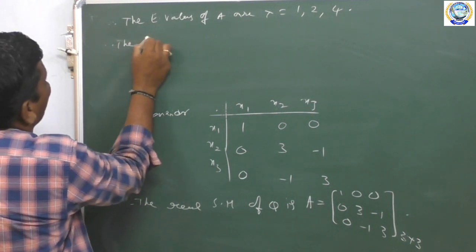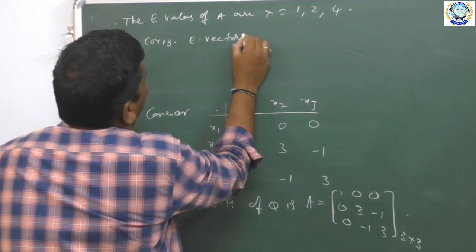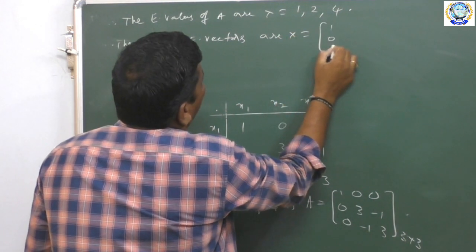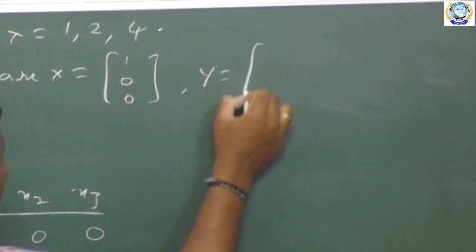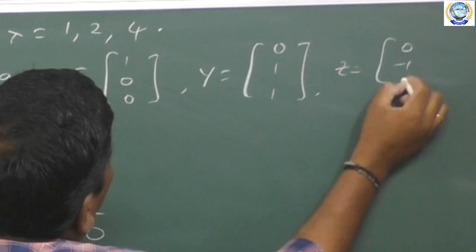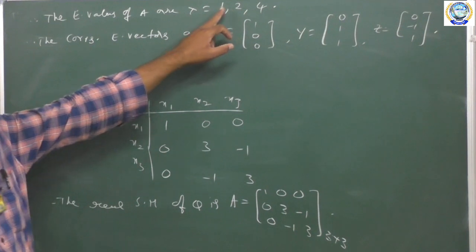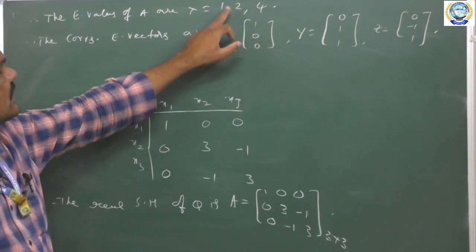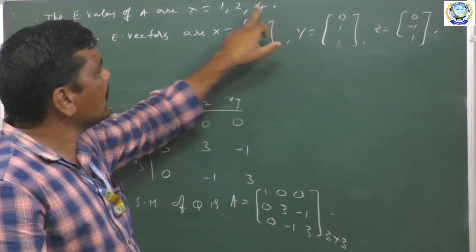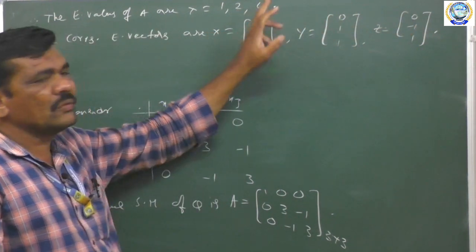Therefore, the corresponding eigenvectors are x is equal to 1, 0, 0, y is equal to 0, 1, 1, z is equal to 0, minus 1, 1 of the eigenvalues 1, 2, 4. x is the eigenvector corresponding to the eigenvalue 1. y, 0, 1, 1, is the eigenvector corresponding to the eigenvalue 2. z is the eigenvector corresponding to the eigenvalue 4.